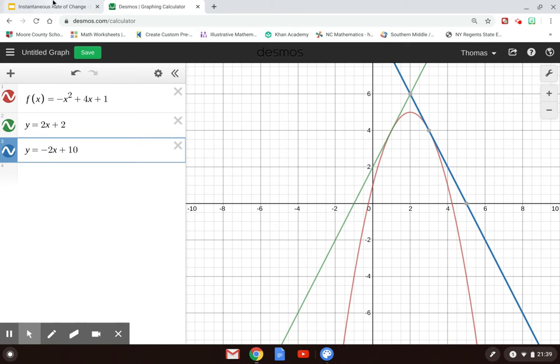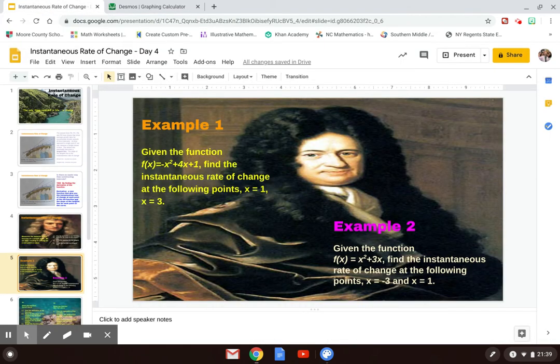exercises. All right, so let's go ahead and do example number 2 together, which says f of x equals x squared plus 3x. And again, we need to find the instantaneous rate of change at the following points: x equals -3 and x equals 1.